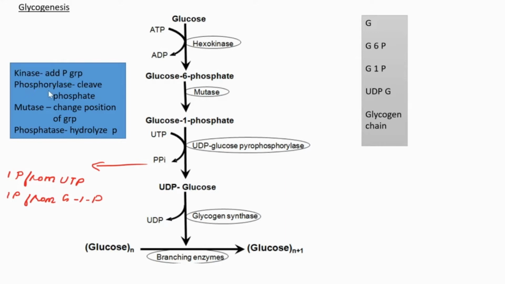If we add phosphorylase at the end of the name of an enzyme, it means that enzyme can cleave the phosphate out of a substrate. If an enzyme has mutase at the end of its name, that means the enzyme's function is to change the position of a functional group within the substrate. Then phosphatase, again it hydrolyzes the phosphate. So we can keep these things in mind. One more thing.